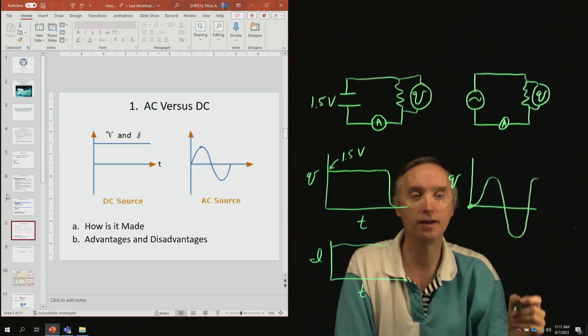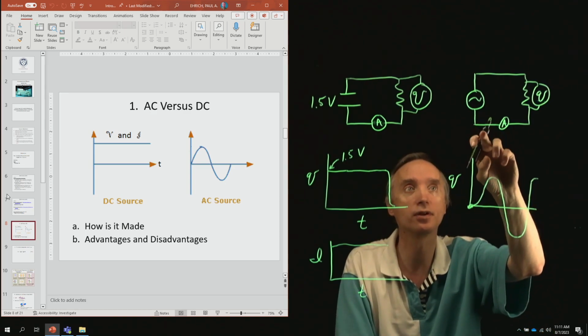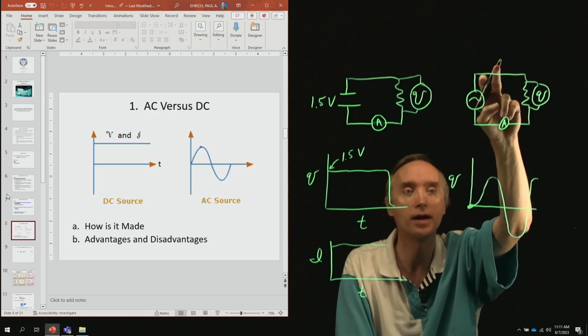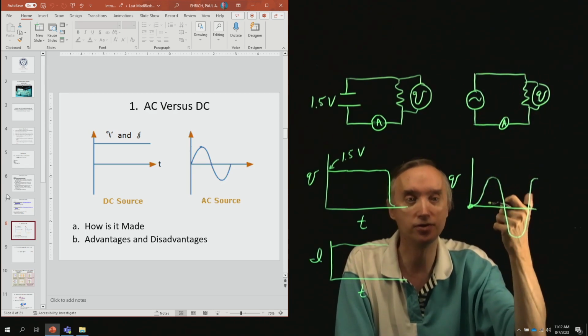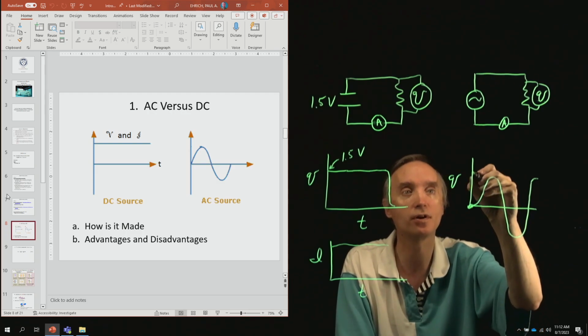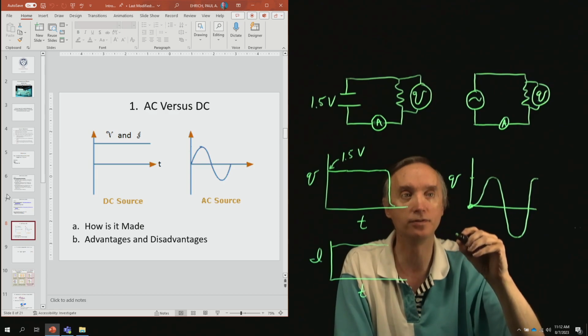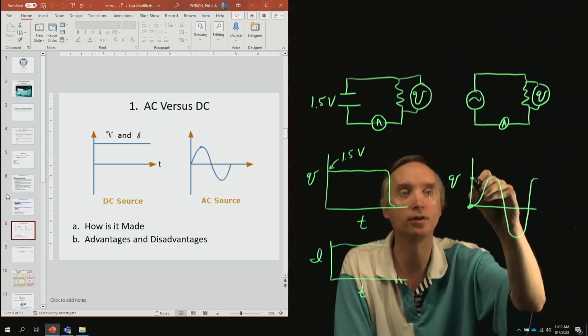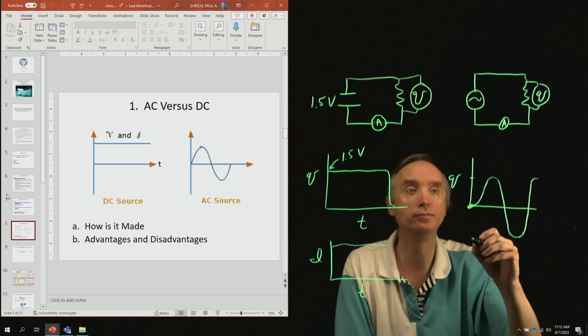Now it doesn't have to be this way, because depending on the circuit elements that you put in here, capacitors and inductors and resistors, when you start your stopwatch, it might start off with its maximum voltage, and then it's going to go down to its minimum.